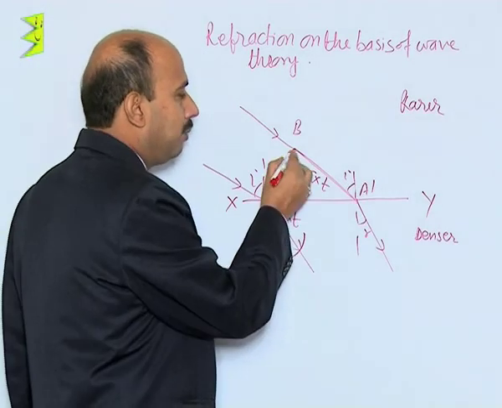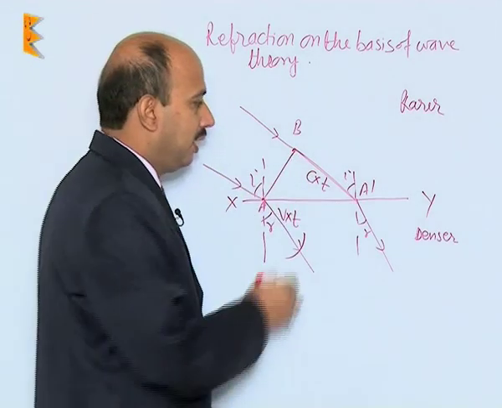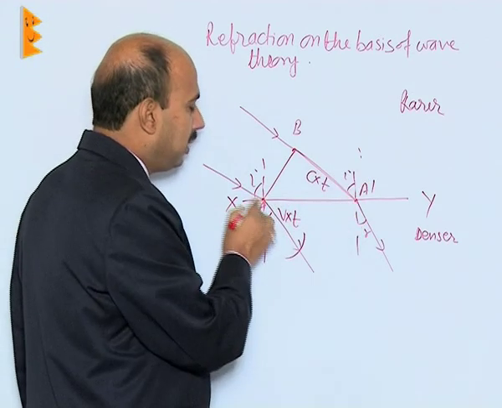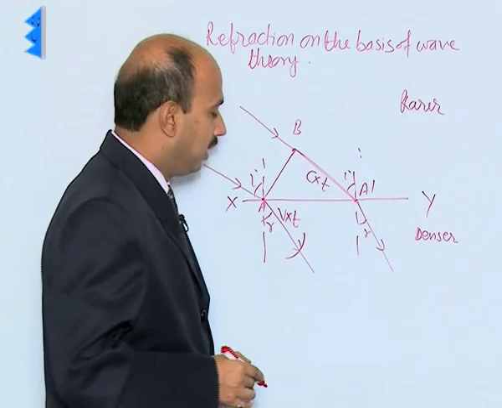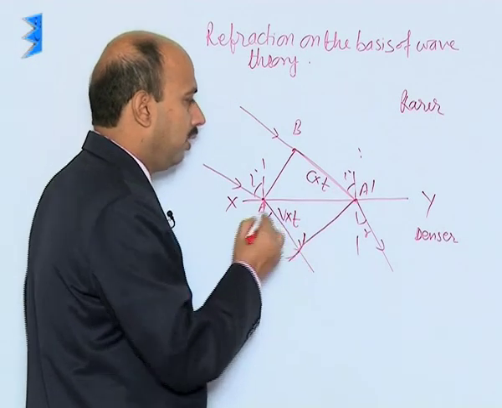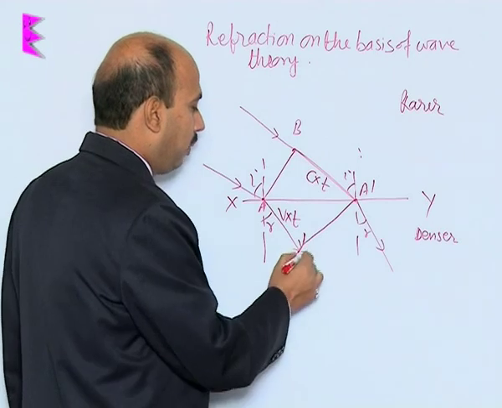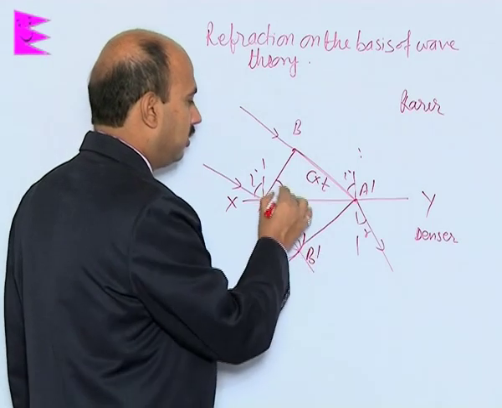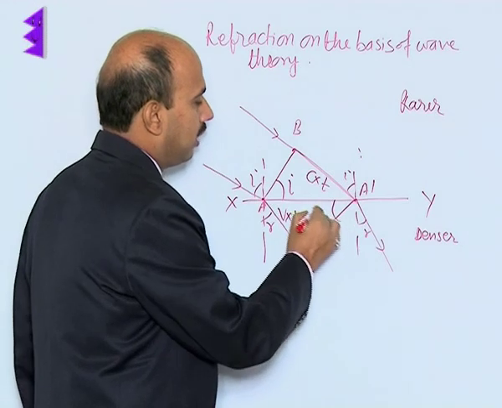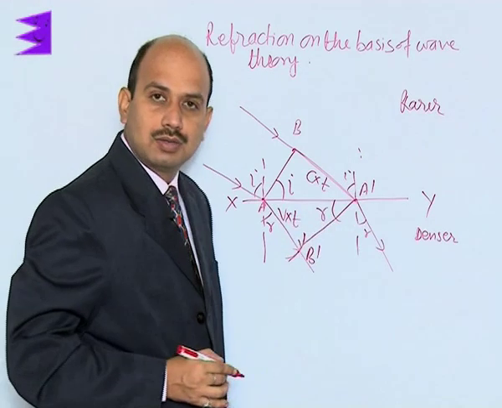By taking B as a center and radius BA dash, a wavefront is drawn here, and similarly by taking A as a center, a spherical wavefront is drawn, and the tangent to it is joined here. Now we get B dash. This is considered the angle of incidence i, and this is the angle of refraction r.